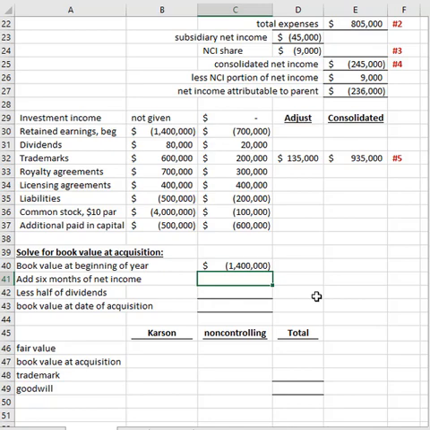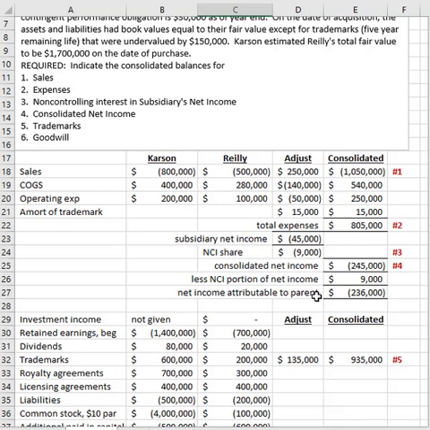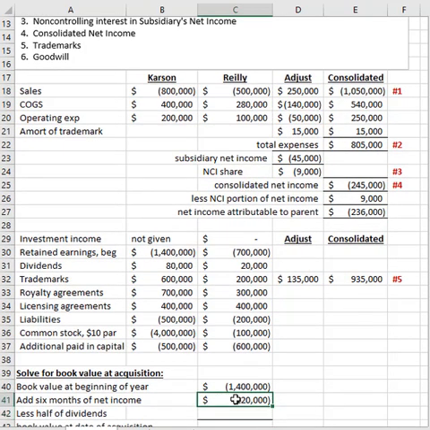And to that we have to add half of the net income, 25, and half of dividends. Where are dividends here? Aha!